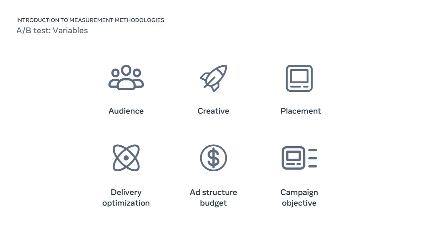You can test different images or creative elements against the same audience. With placements, you can test different ad placements or test your typical placement selections against automatic placements. In terms of delivery optimization, you can test different delivery optimizations. You can also test different structures of your ad budgets, and you can test different campaign objectives to find the best one for you.